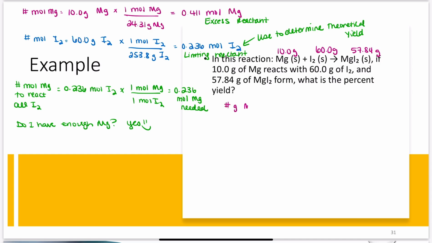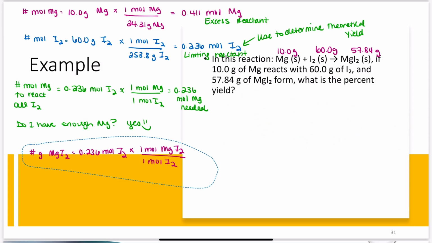So number of grams of MgI2, if I react 0.236 moles of I2, 1 mole of MgI2 reacts with 1 mole of I2. I'll move this because I'm going to run out of room.